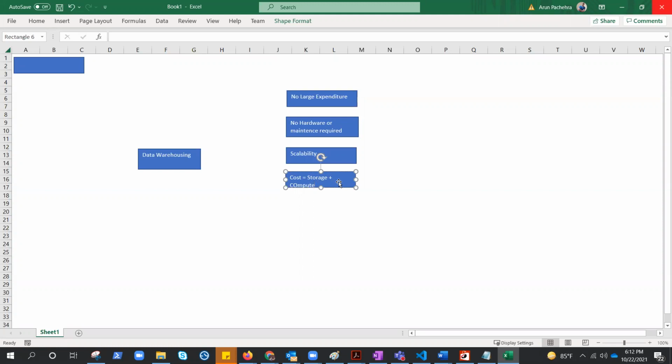That means if you are not running any query or any insights, you can pause your compute. You need not pay for the compute, right? So this will save you a lot of money. But with on-prem, you have purchased it already.